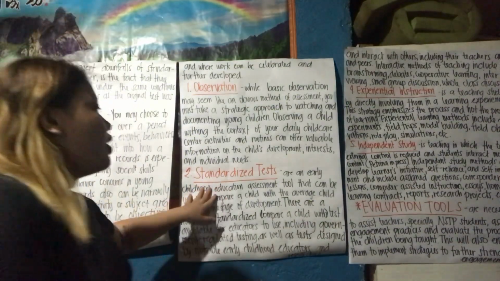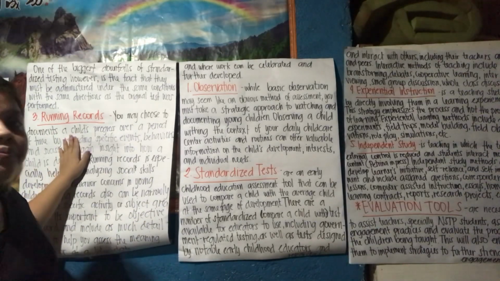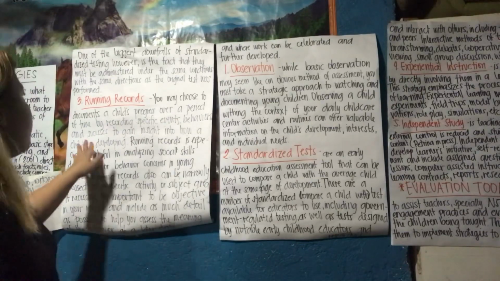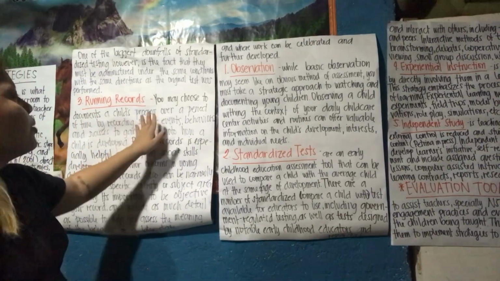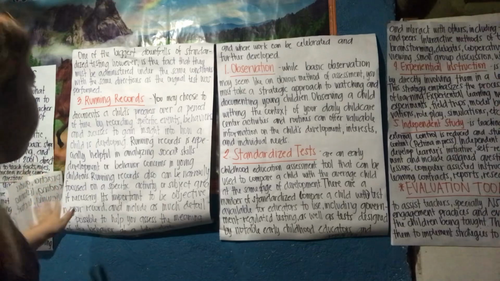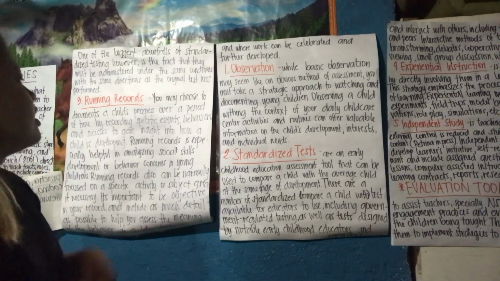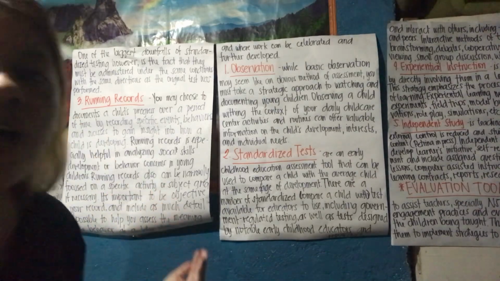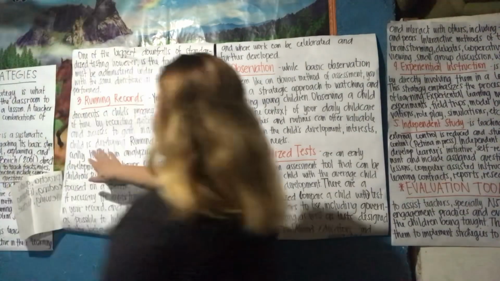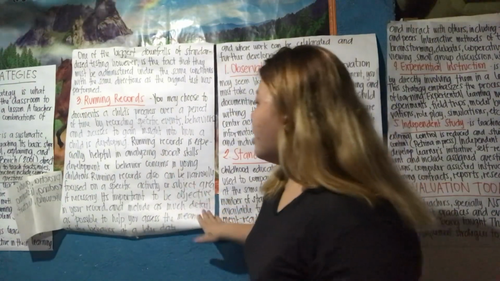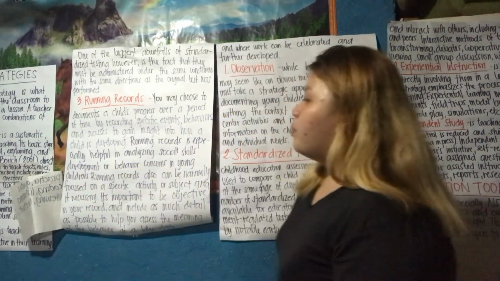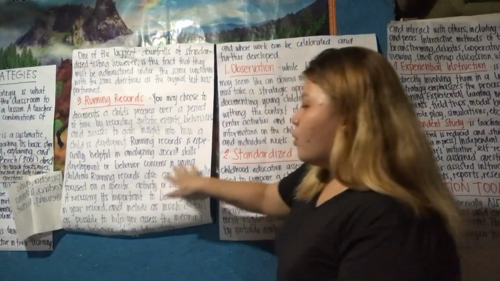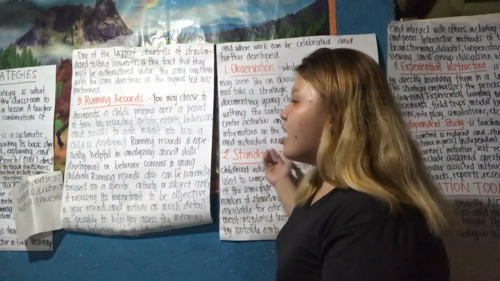So here in number 3, the running records. You may choose to document a child's progress over a period of time by recording specific events, behaviors, and successes to gain insight into how a child is developing. Running records are especially helpful in analyzing social skills, development, or behavior concerns in young children.